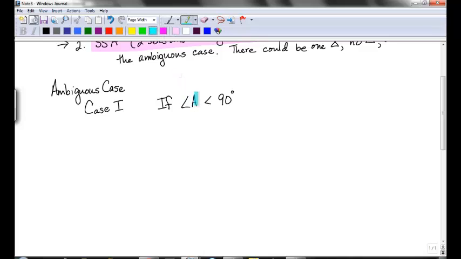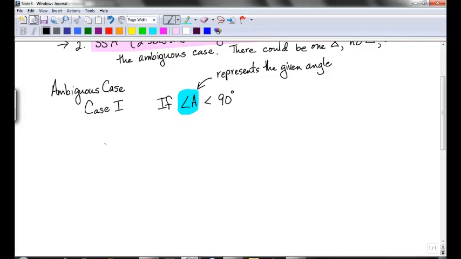Okay, so make a note. This represents the given angle. The confusing part of this is if they give you angle B or angle C as the given angle. So that represents the given angle. If the angle they give you is less than 90 degrees, you're in case 1.